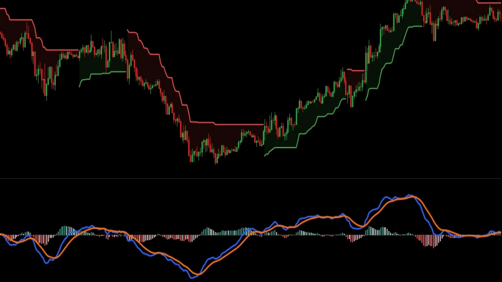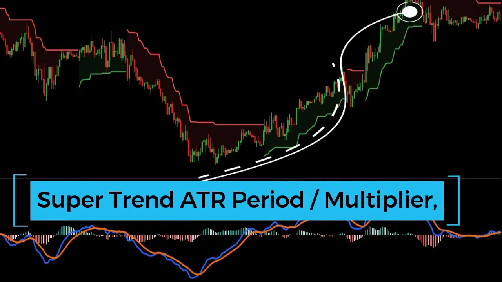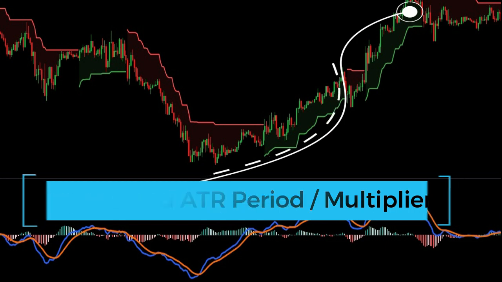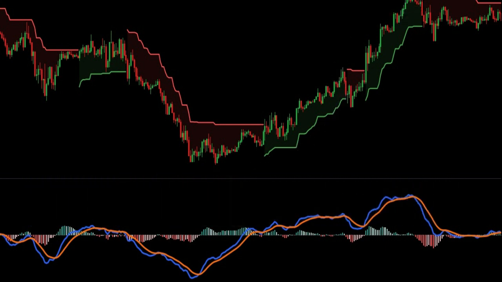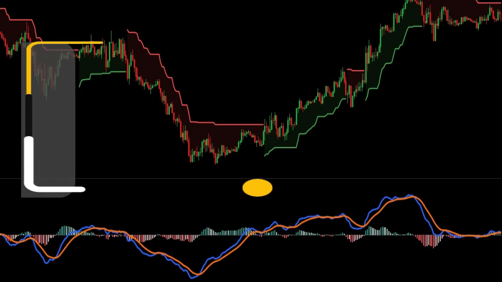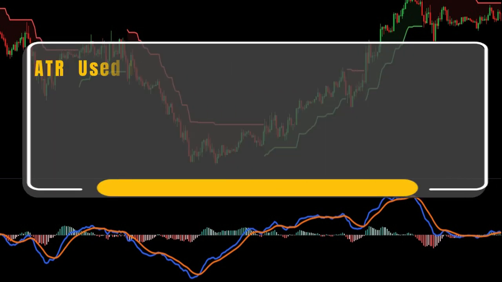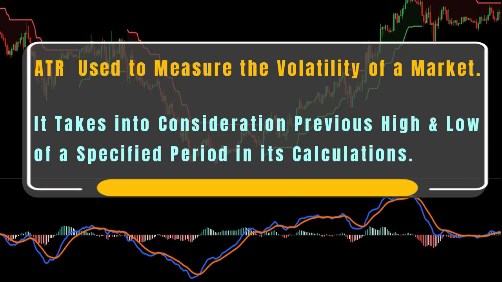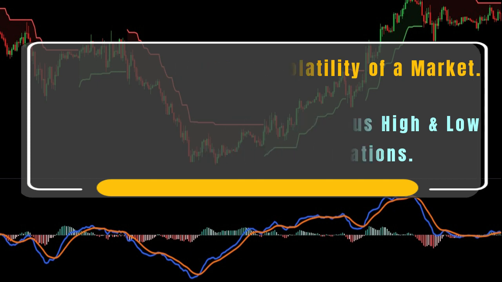When you open the indicator's properties, you will see two options: Supertrend ATR period and Supertrend multiplier. The average true range, commonly known as the ATR, is an indicator used to measure the volatility of a market. It takes into consideration the previous high and close of a specified period in its calculations.